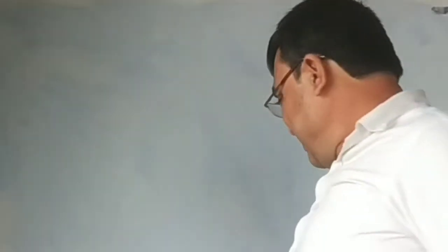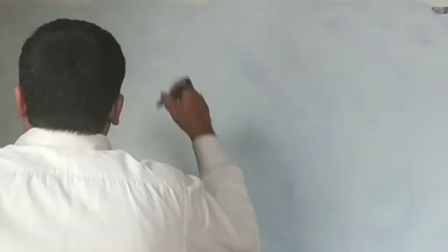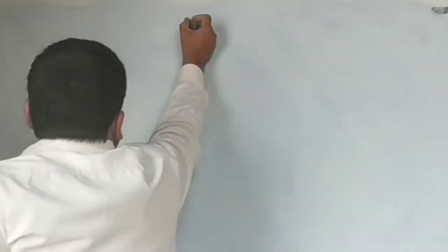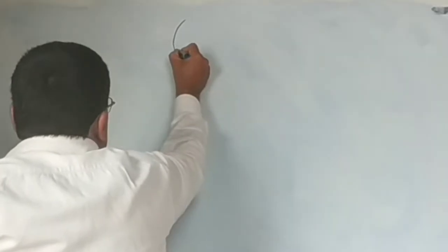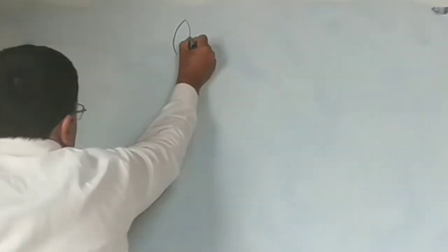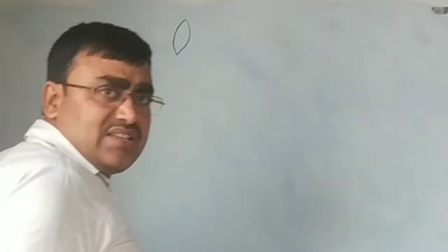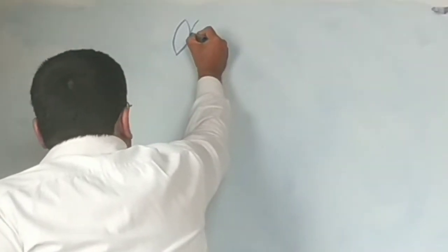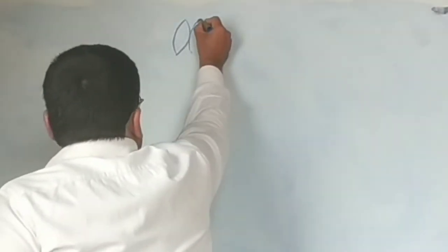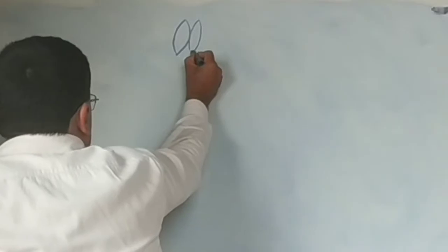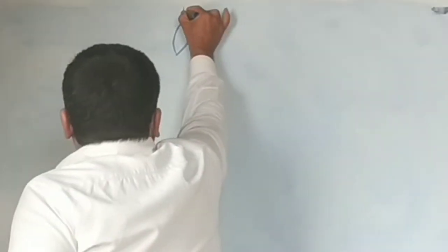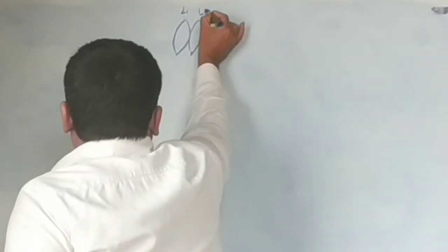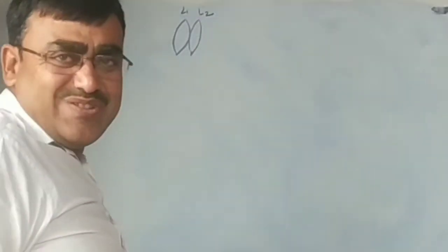Okay, for example, here 2 thin lenses. This is the convex lens, this is another convex lens, this is the lens L1, this is the lens L2.